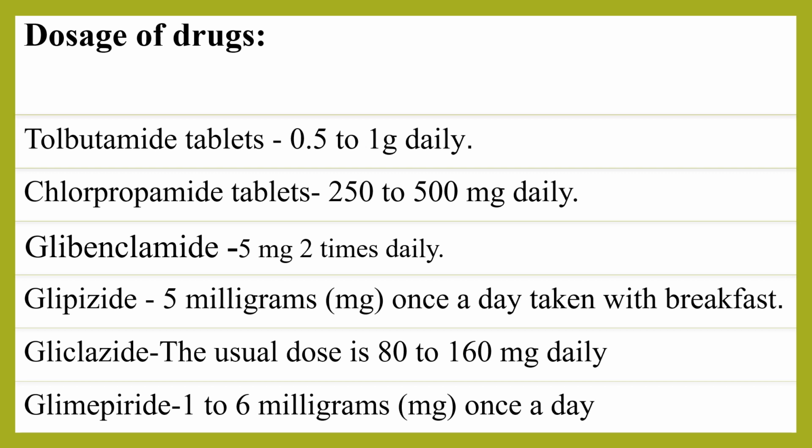Dosage form: tolbutamide tablet 0.5 to 1 gram per day, chlorpropamide tablet 250 to 500 mg per day, glibenclamide 5 mg two times daily, glipizide 5 mg once a day taken with breakfast, gliclazide the usual dose is 80 to 160 mg daily, glimepiride 1 to 6 milligrams once a day.